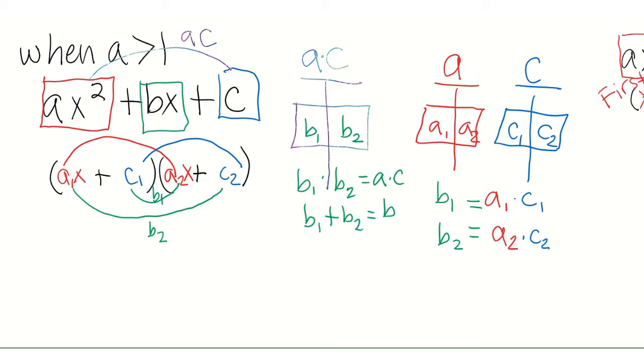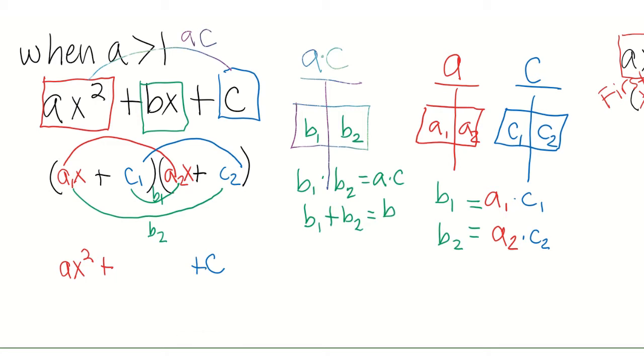When I multiply A1x times A2x, that's going to give me my ax squared. And when I multiply C1 times C2, that's going to give me my c.